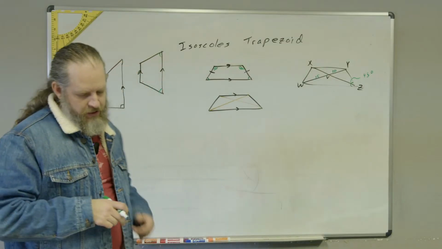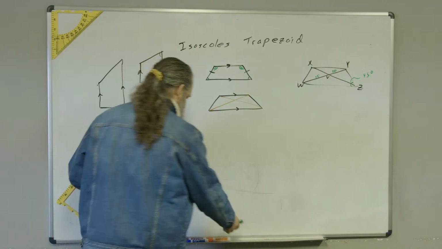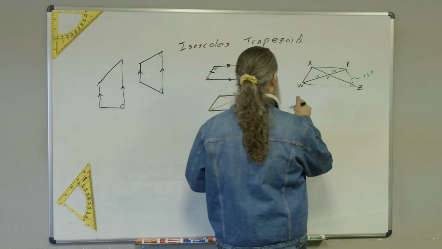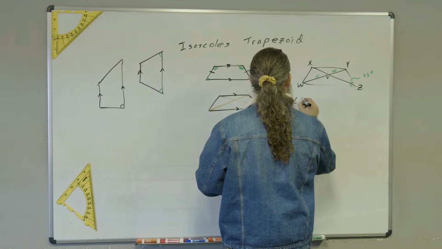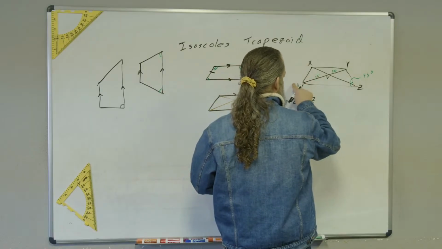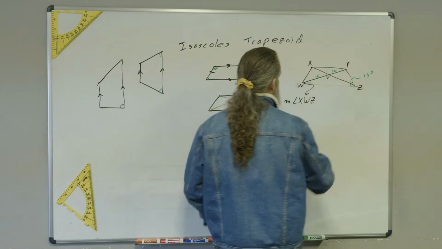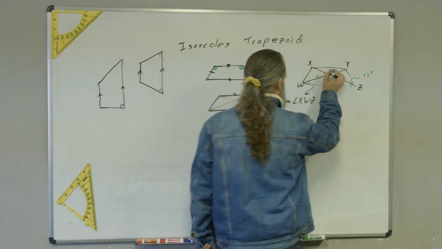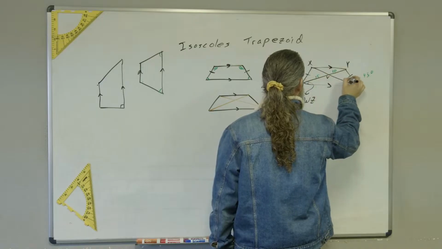Okay. Let's see. Find each measure. So we're going to start by finding the measure of angle XWZ. XWZ is this one right here. We are told this is an isosceles trapezoid, which we know means this is parallel to this, and this is congruent to this.